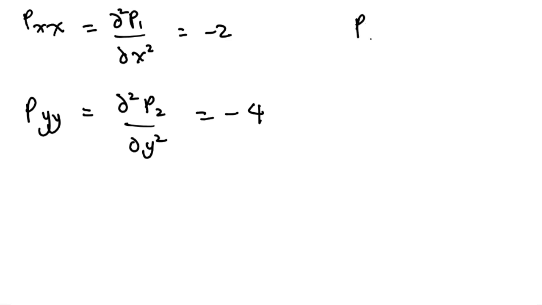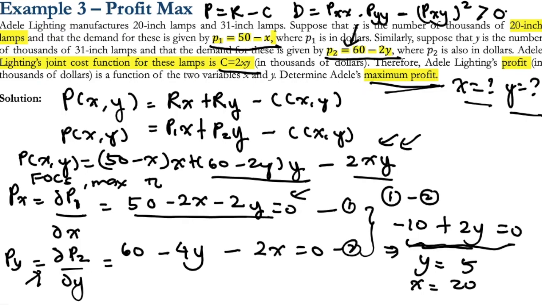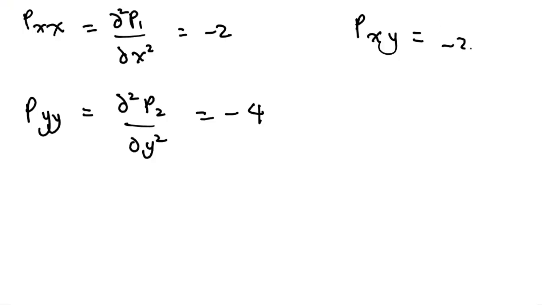We also need to find Pxy. That means from here, we need to differentiate with respect to Y. Okay, we get this, differentiate it with respect to Y, what do we get? Minus 2, isn't it? So we get minus 2.